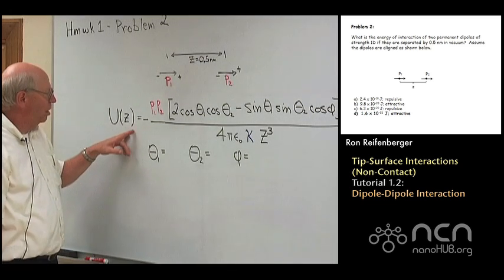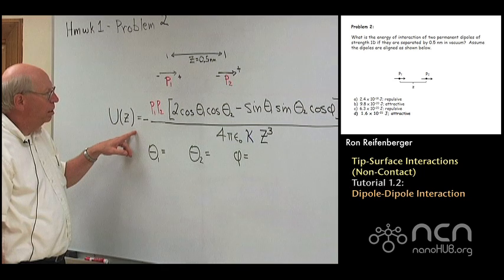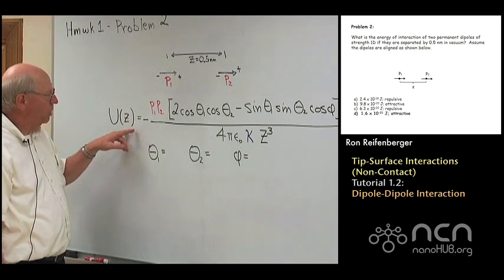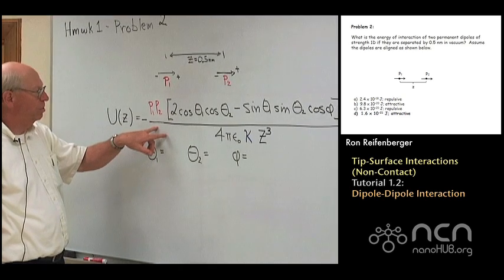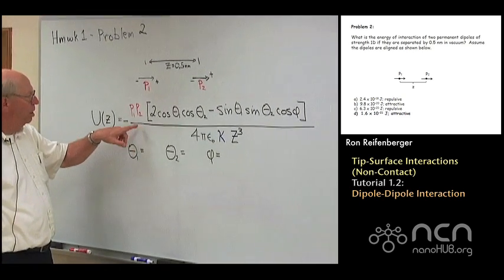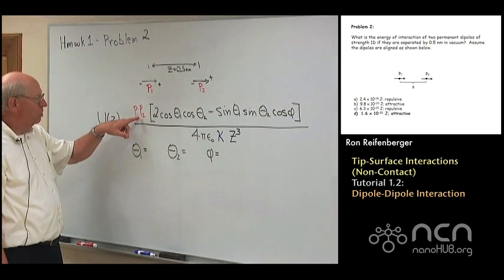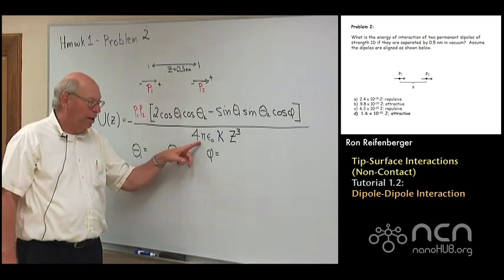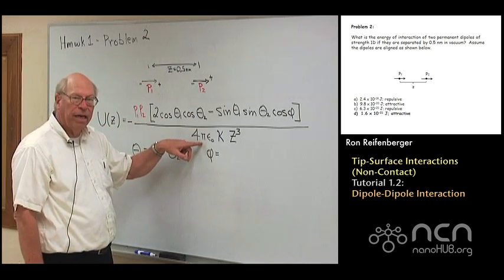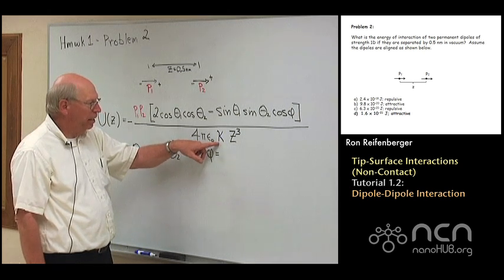To evaluate the electrostatic potential energy, we have to go to the lecture notes, and this is the equation that was given in lecture. The interaction potential energy is equal to the product of the two dipole moments divided by the proportionality constant 4 pi epsilon naught.